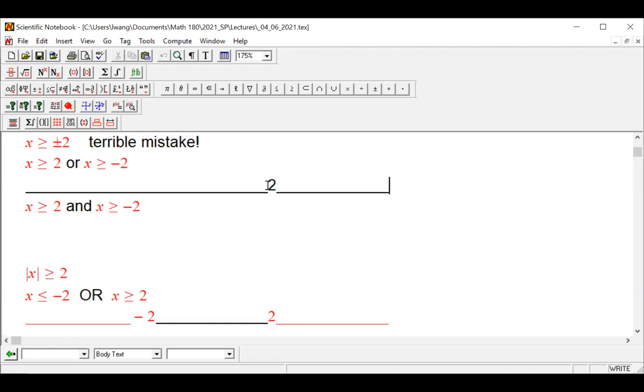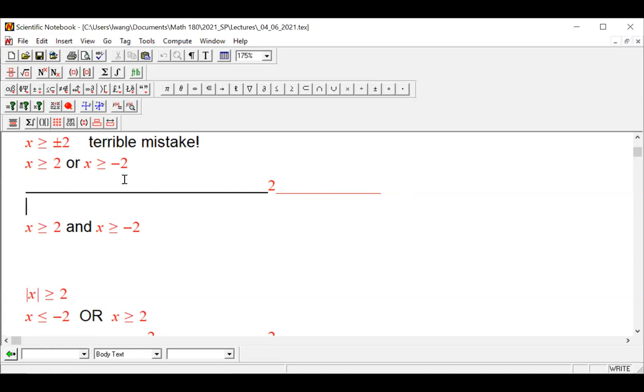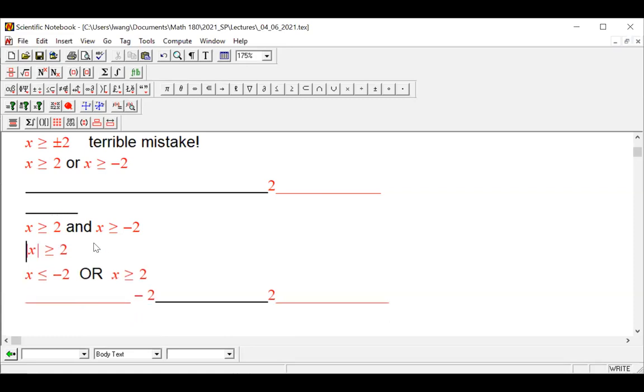Greater than or equal to 2 means that, oops, sorry. Okay, red. Greater than or equal to -2. I'm just showing you how your work will be scrutinized and why it is a mistake. So be patient with me.